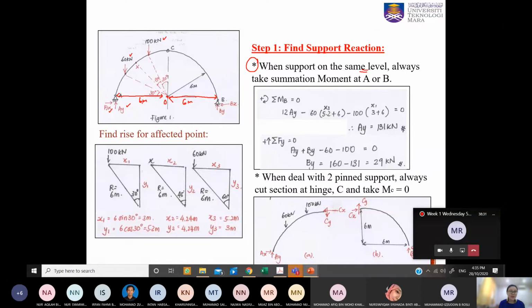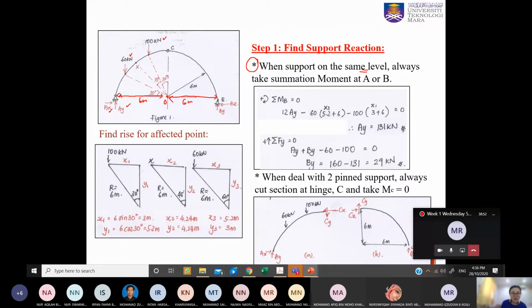Thank you very much. And now I would like to look at this 100 kilonewton and 60 kilonewton, and I also include directly the X. So what I need to do is just to use trigonometry, triangular geometry. Let's say I draw the 100 kilonewton.